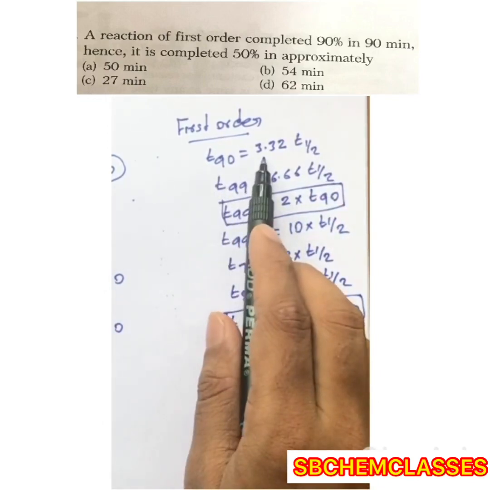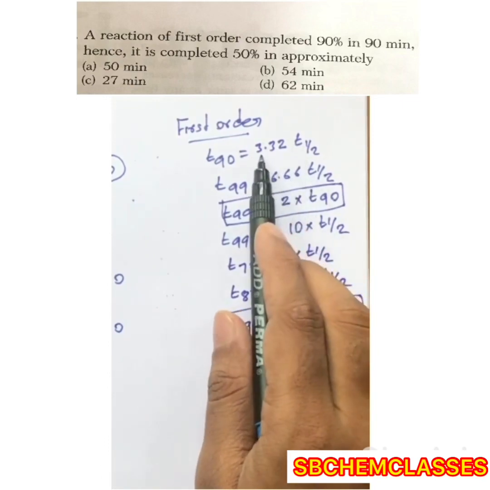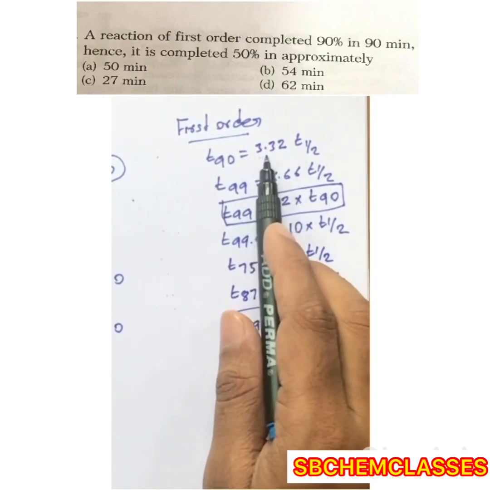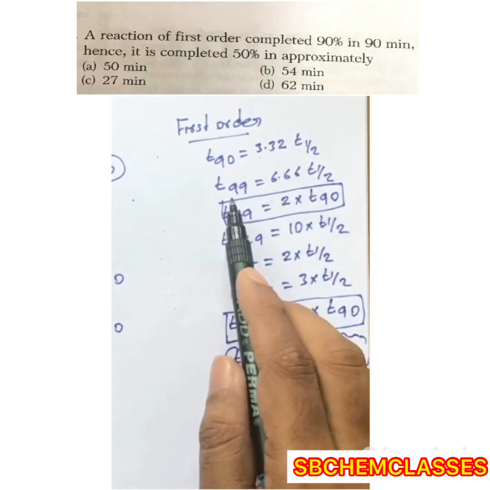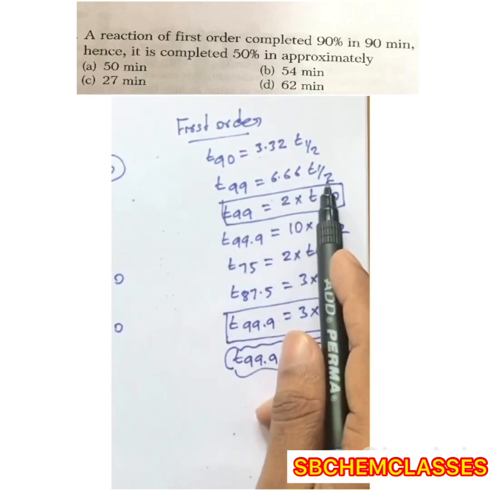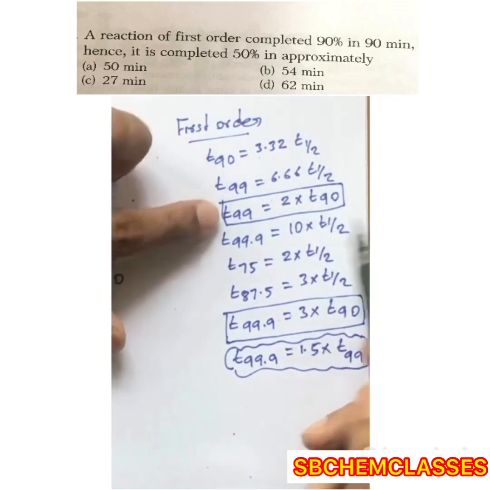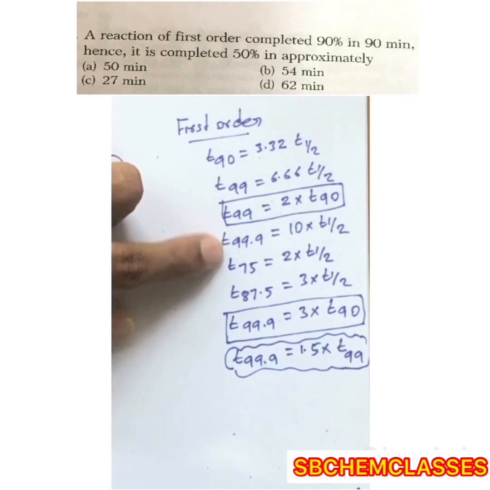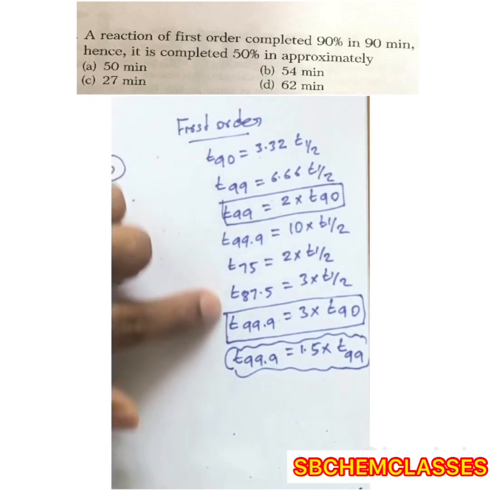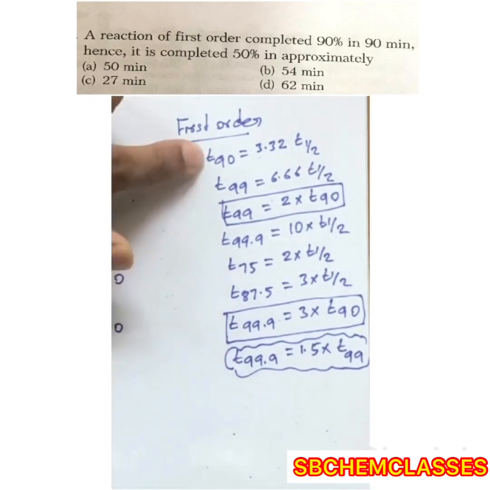T90 equals 3.32 T half. By rounding, you can use 3.33 also, but the correct value is 3.32. T99 is 6.66 T half. So by comparing these two, T99 equals 2 into T90, and these equations can be used for first order reaction.